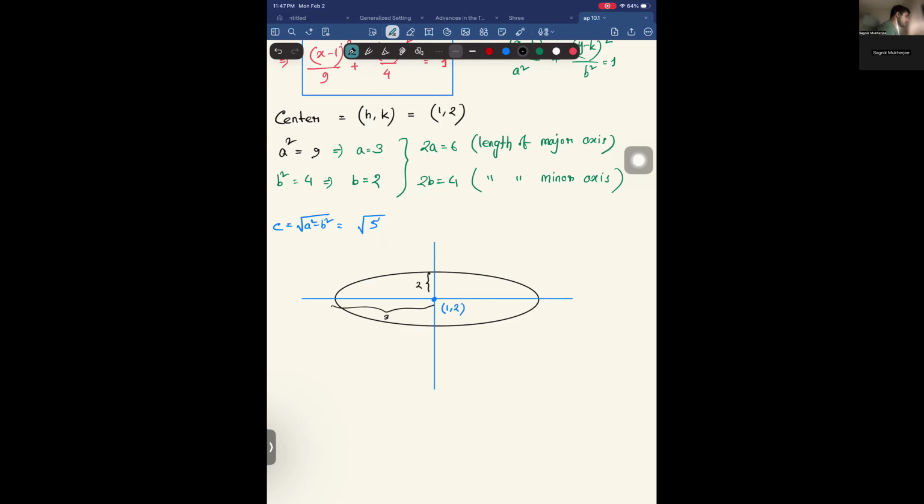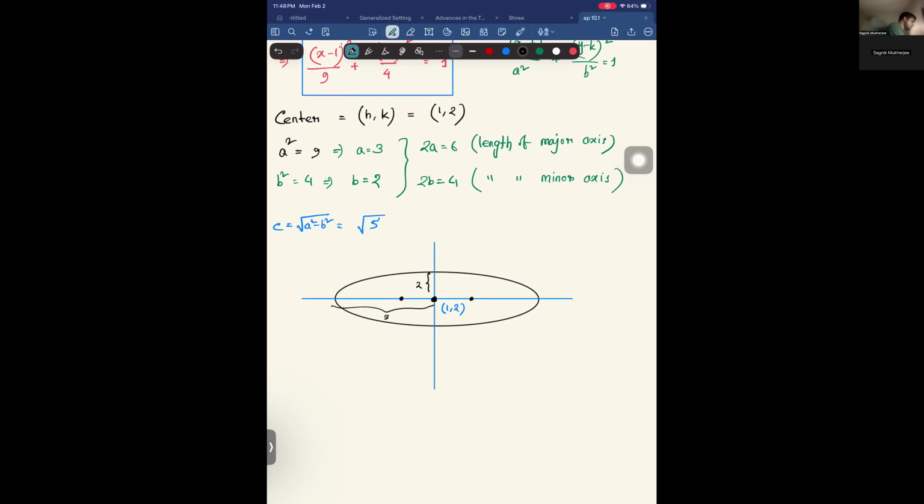And also remember that this point is the midpoint of the foci, and the distance between the foci is square root 5, right? So this length, just a moment, yeah.